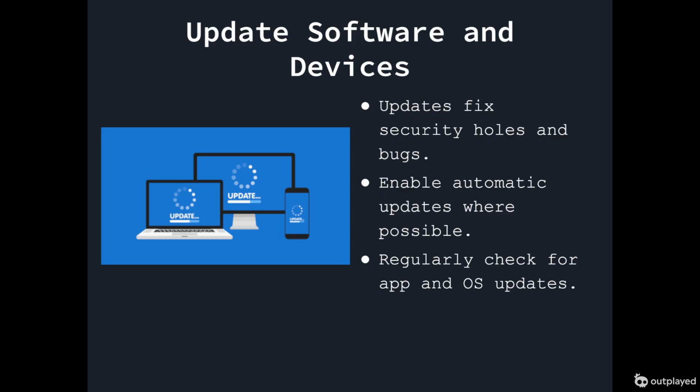Windows has them pretty often. Your Android or Apple phone might have them really often as well. Just make sure to go into the settings and check for updates regularly, every 2 weeks, every 3 weeks, as often as possible, to keep updated. That way you're not susceptible to any open attacks.